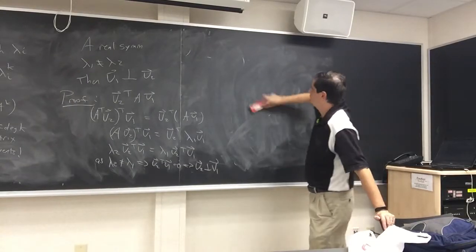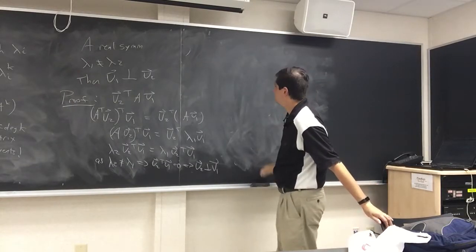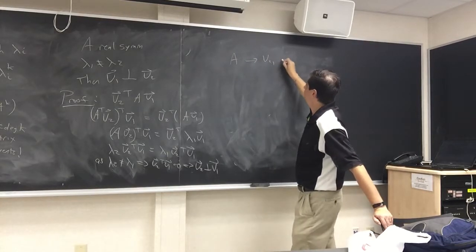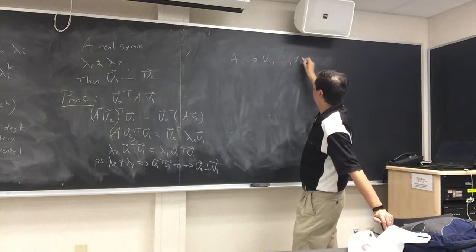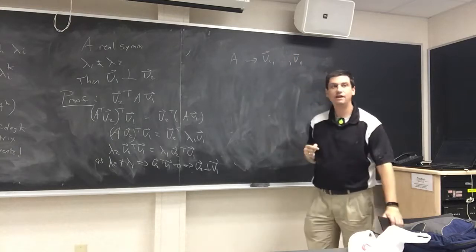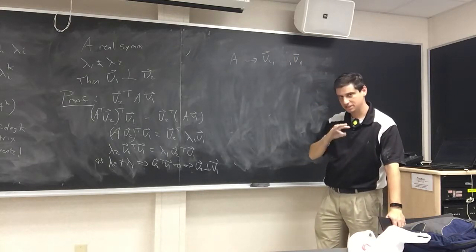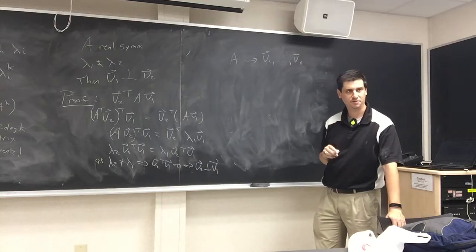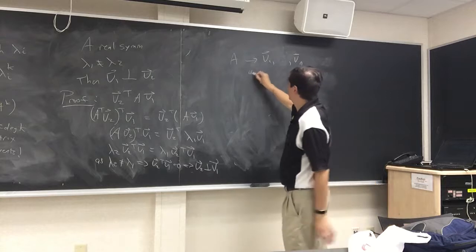One of the reasons we care about this is if I give you a matrix, let's say A is real symmetric, I can now associate often an orthonormal basis of eigenvectors. Now, if I have repeated eigenvalues, you have to do a little bit more work. But let's assume the eigenvalues are distinct.